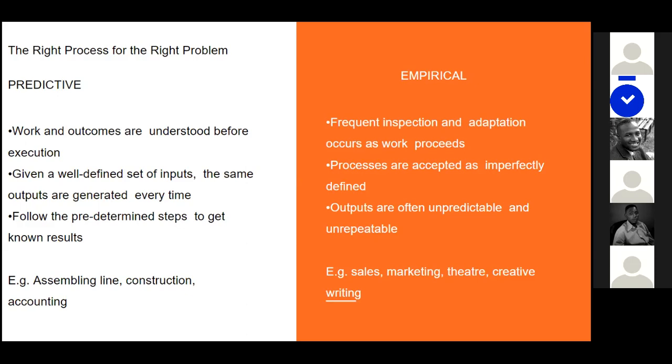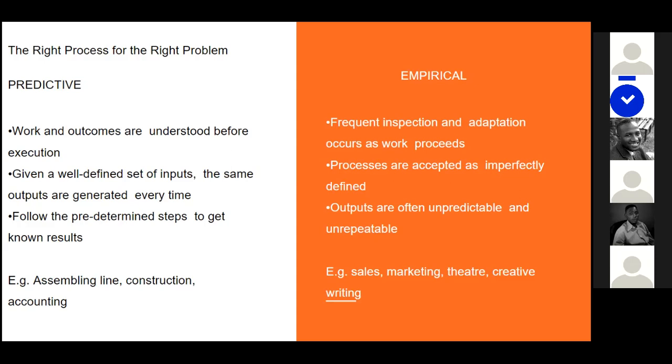For example, an assembly line, construction, or accounting is predictive because work and outcomes are understood before execution. We already know where we are going. We are given a well-defined set of inputs.